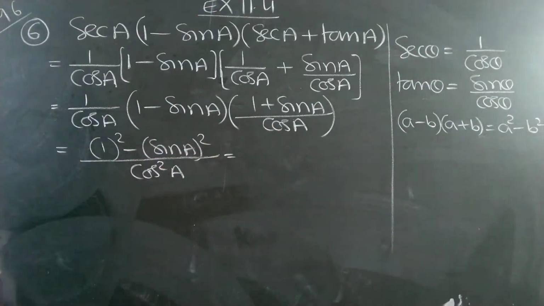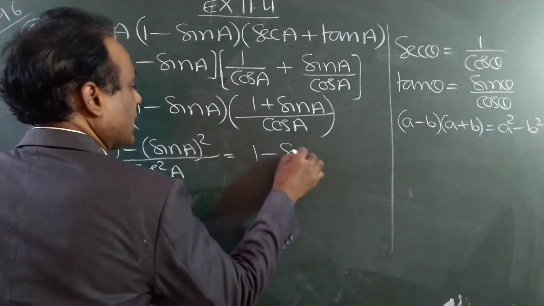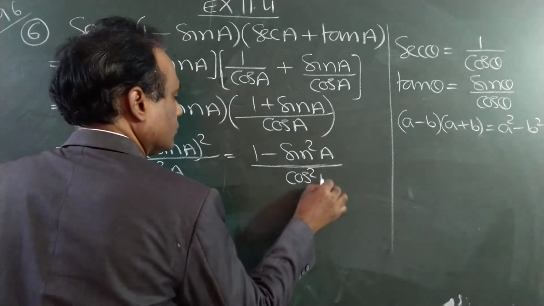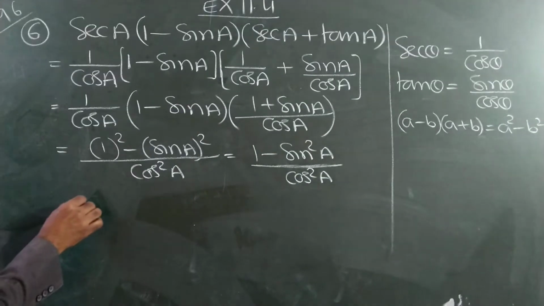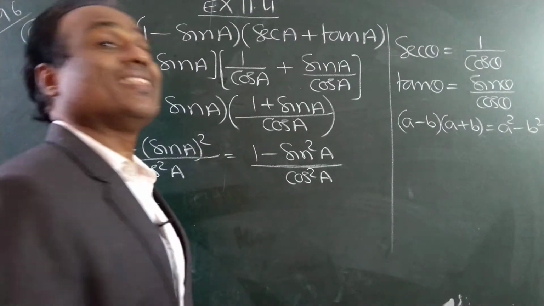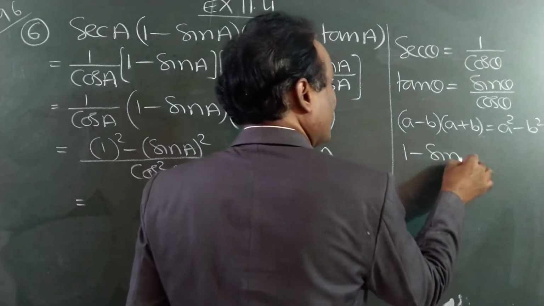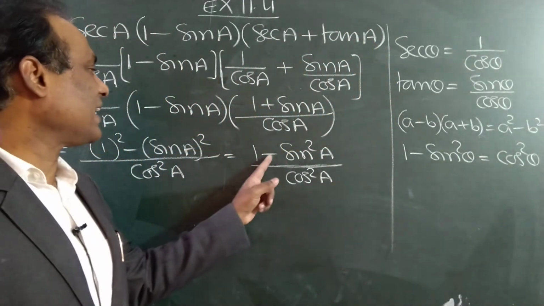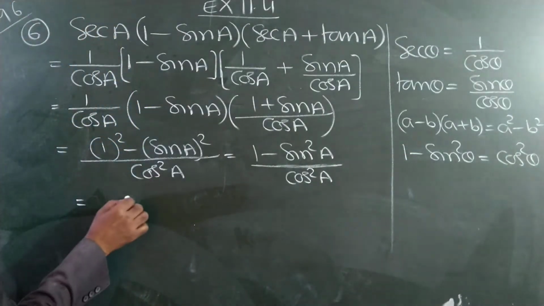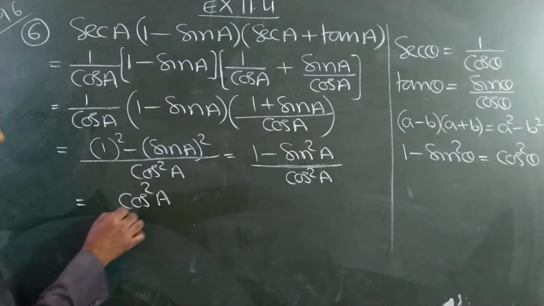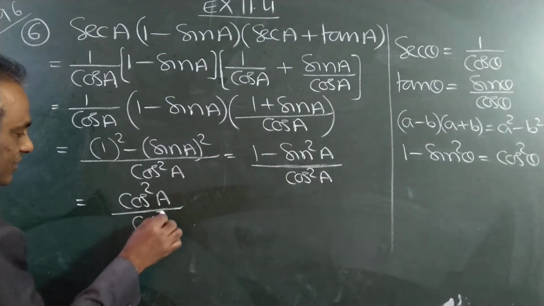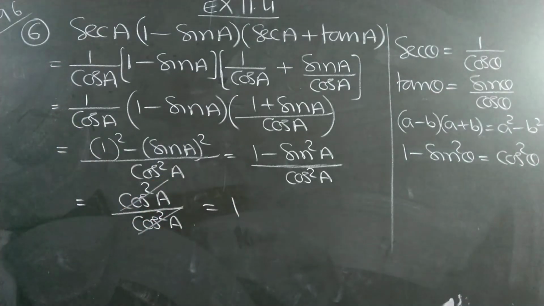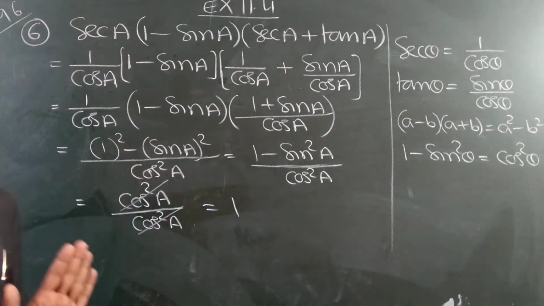So 1 square minus sin square by cos square. 1 minus sin square theta, first identity, is cos square theta. So it is cos square theta by cos square theta. They cancel, answer is 1. So the simplified answer is 1.